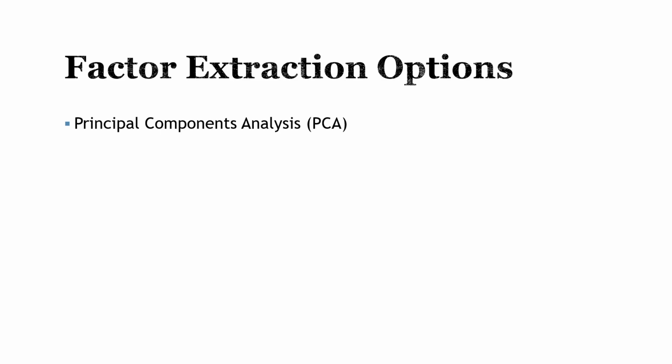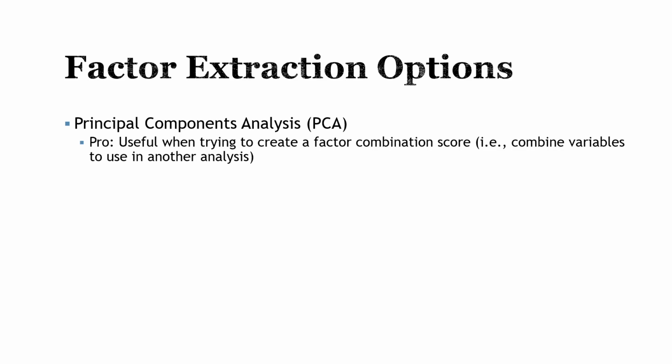All right, so for principal components analysis, this is really useful when creating a factor combination score. In a previous video in the lecture set, we discussed how, in multiple regression, if we wanted to combine variables that are highly correlated, we could run a factor analysis to create a combination score. This is where principal components analysis is very often classically used.